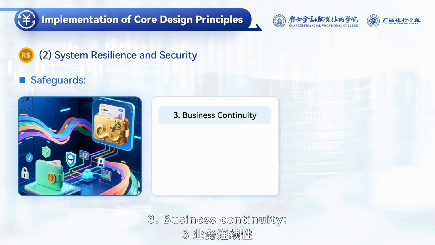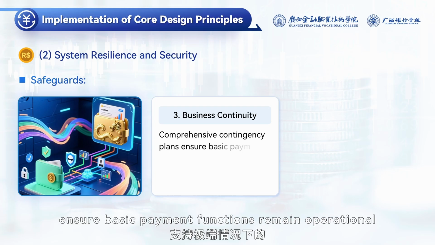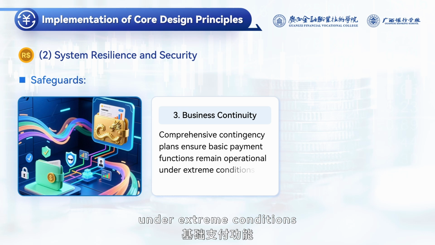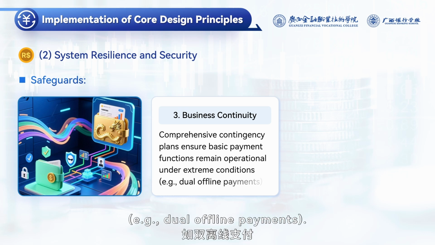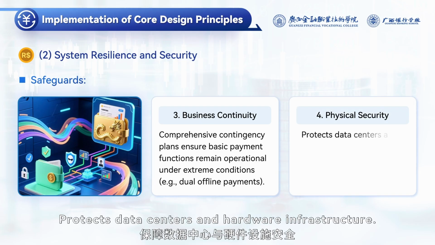Business continuity. Comprehensive contingency plans ensure basic payment functions remain operational under extreme conditions, for example, dual offline payments. 4. Physical security protects data centers and hardware infrastructure.